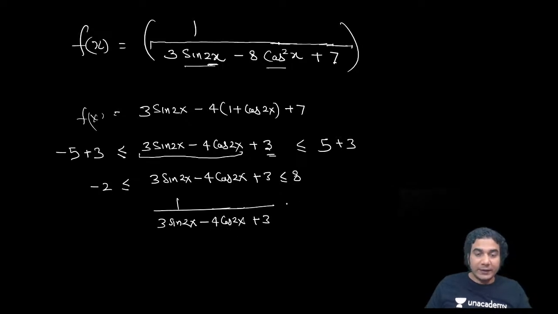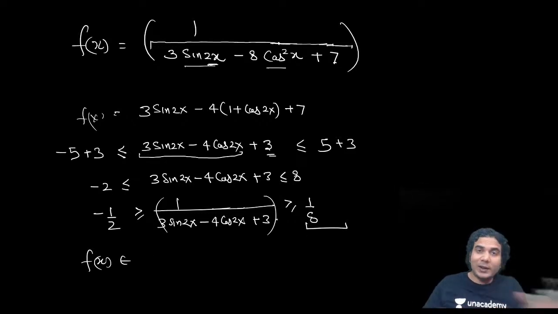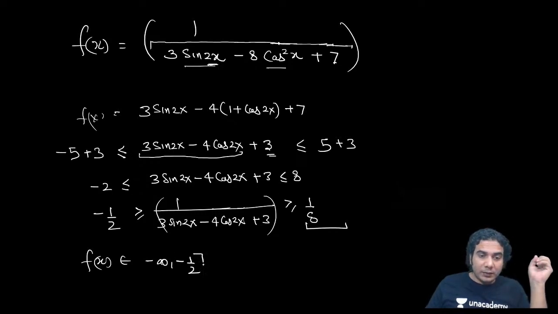When you take the reciprocal, the inequalities will be reversed. It will be 1 upon 8 and that will be greater than or equal to minus 1 by 2. So this is your f(x). So f(x) is greater than or equal to 1 by 8 or less than or equal to minus 1 by 2. So your answer will be minus infinity to minus 1 by 2, union 1 by 8 to infinity.